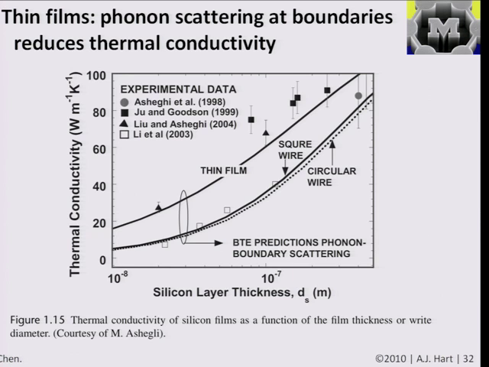A more practical case would be, say, thin films, which you see in semiconductor chips. So you've got multiple layers of insulators and crystals and so on. And they also looked at thin wires of silicon. And so what we've got here is the layer thickness of the silicon, or the wire diameter in some cases, going from about 10 nanometers up to, I guess, 500 nanometers.